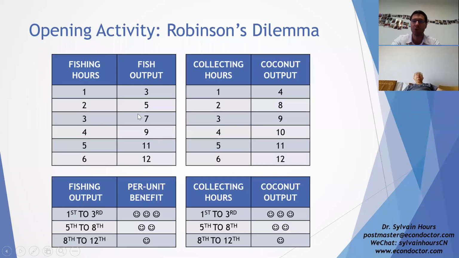So for example, if he chooses to sleep 4 hours a day and goes fishing for 1 hour and collects coconut for 1 hour, he would only have 3 fishes and 4 coconuts. And if he chooses to sleep 2 hours per day and goes fishing for 2 hours and collects coconuts for 2 hours, he would only have 5 fishes and 8 coconuts.